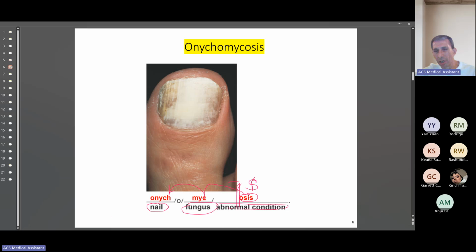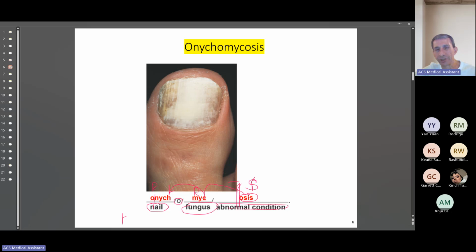On the other hand, onyx ends, because this is another. See, we have here two word roots. Onyx is a word root. Fungus is a word root. And in between two word roots, we have a combining vowel. But because the first word root ends in a consonant and the next word root starts with a consonant, we cannot have onyxmyco.